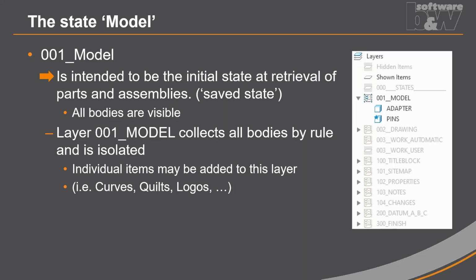In my case, I'm collecting all the bodies by rule for this, so they are visible initially, but I can add any kind of curve, skeletons, logos to this layer to bring them up initially from the very beginning.